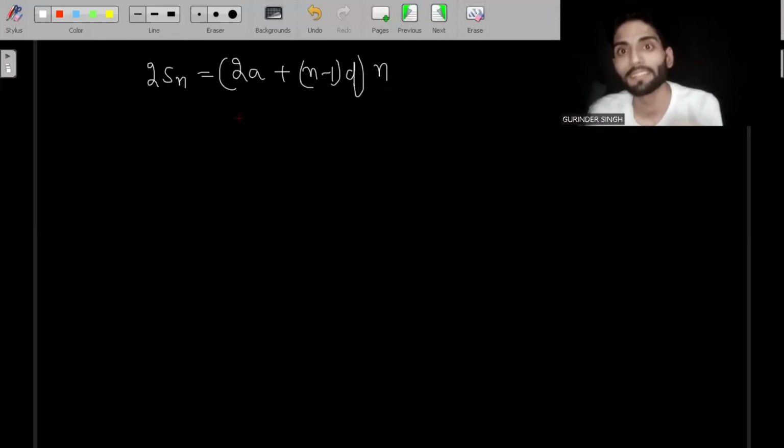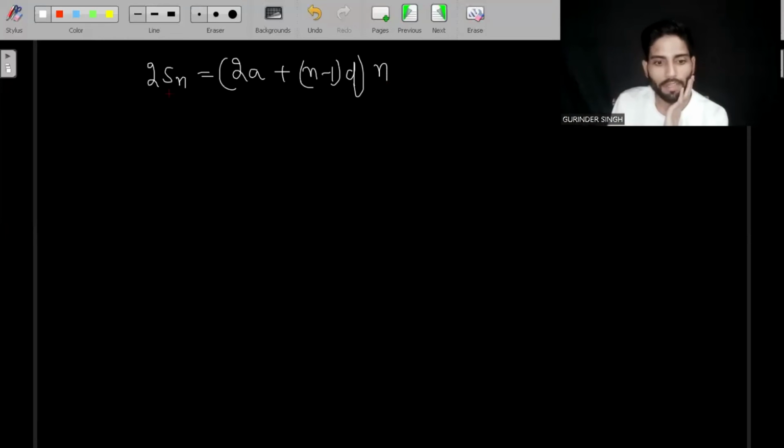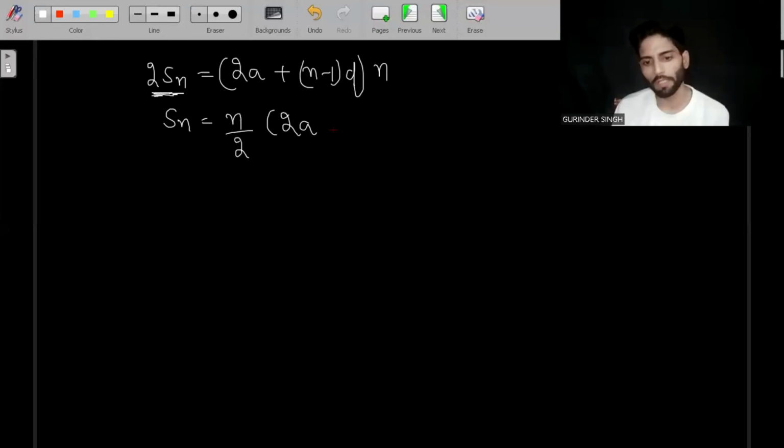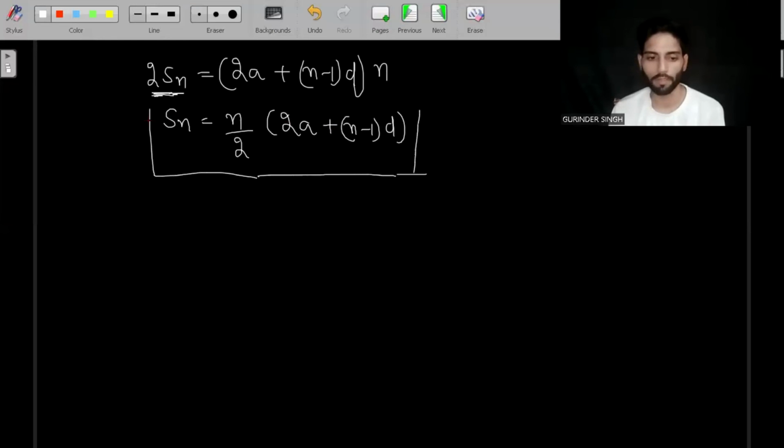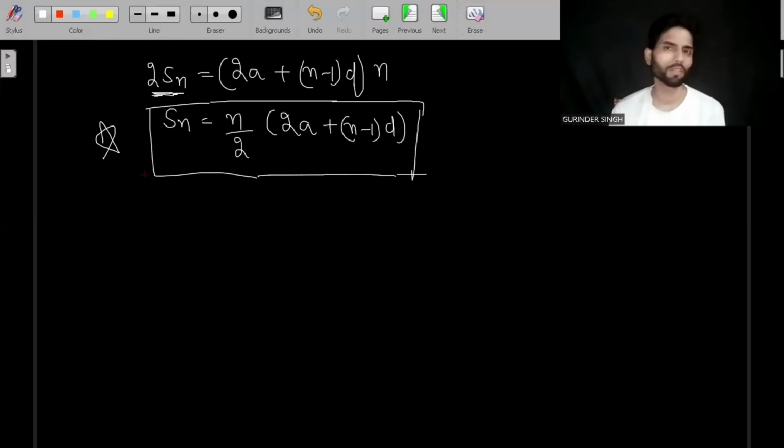So you need Sn, so divide both sides by 2. So Sn is equal to n by 2 into (2a plus (n minus 1) into d). This is our formula which we wanted to derive. Remember this formula, very important.